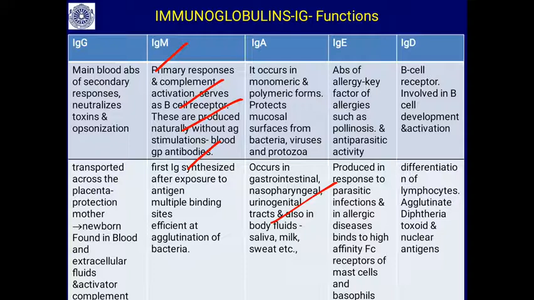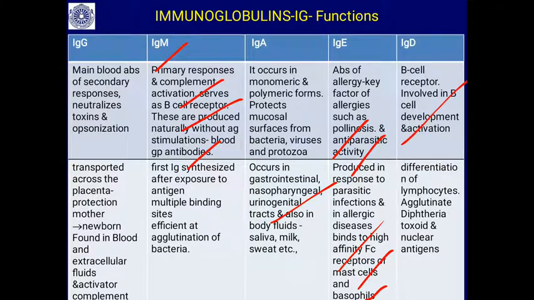IgE is responsible for allergic reactions, such as pollen grain allergy, or else it is produced in response to parasitic infections or allergic disease, and it has high affinity towards the receptors of the mast cells and basophils.